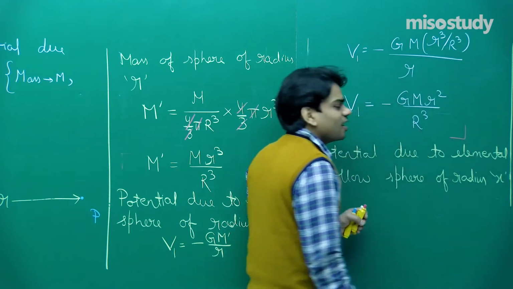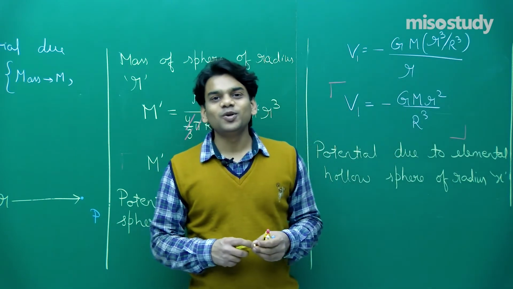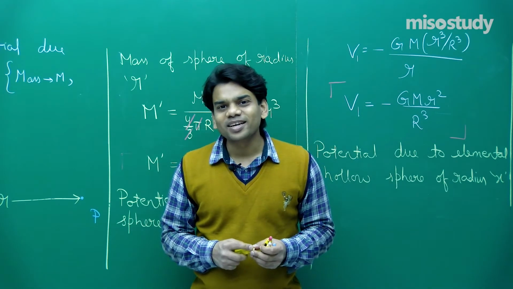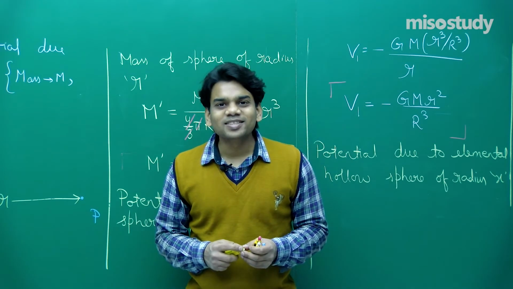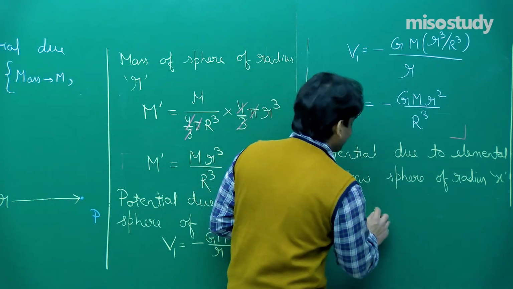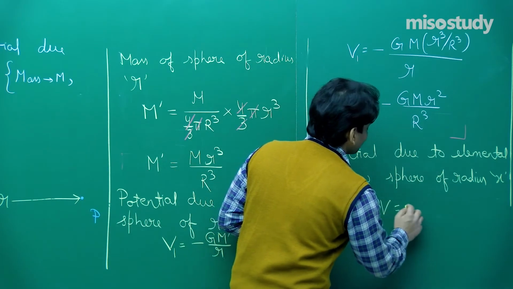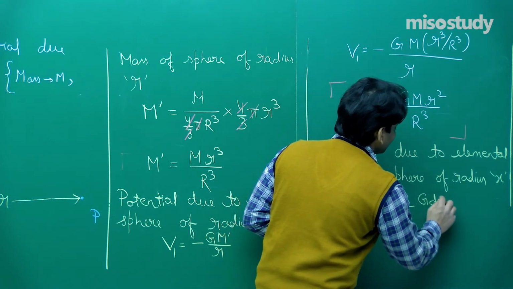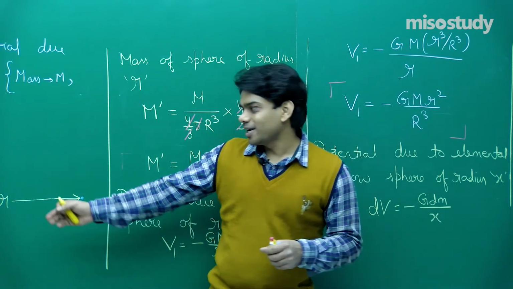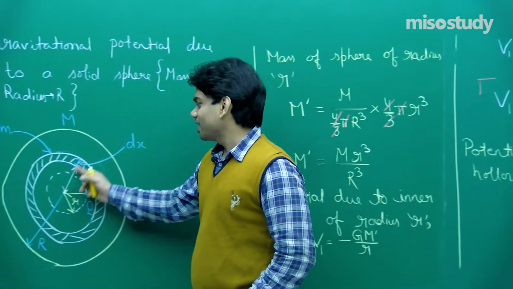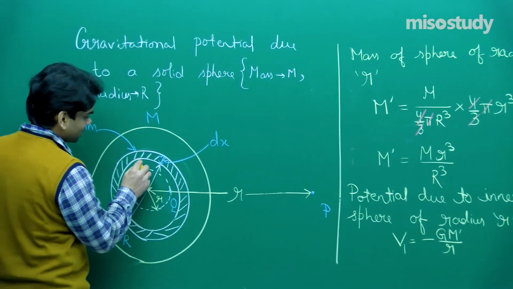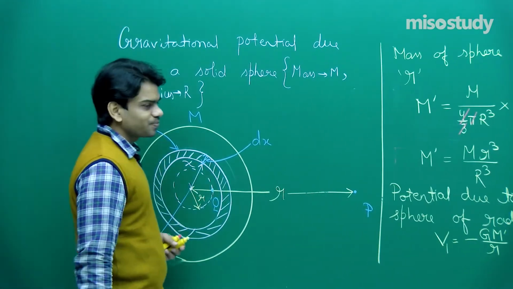We know potential due to a hollow sphere at an internal point is given as minus G, its mass, divided by its radius. So this will be small potential dV, that is minus G dm upon its radius, that is x. Because you see at the diagram, its radius we have taken as x. I have rubbed x, but you have to remember its radius we are talking about is x.